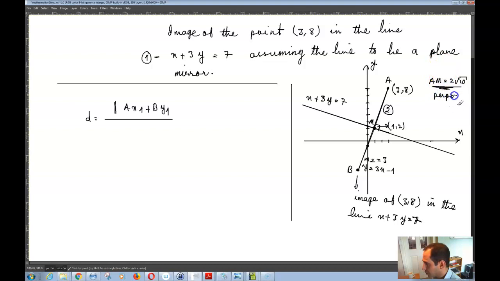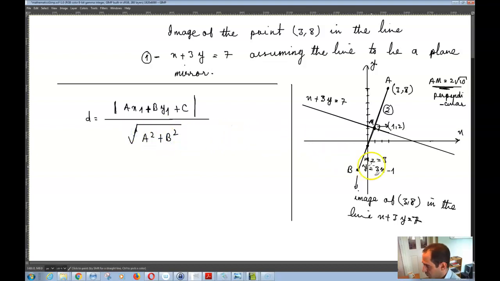This formula calculates the perpendicular distance for you.